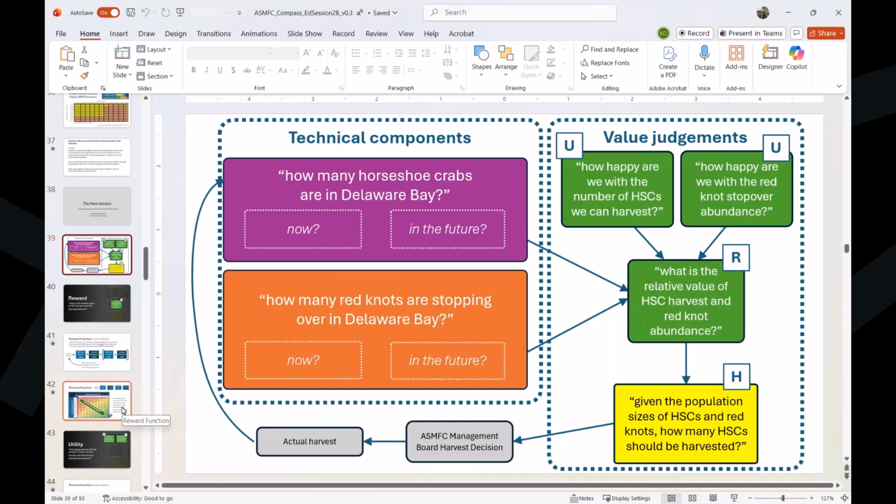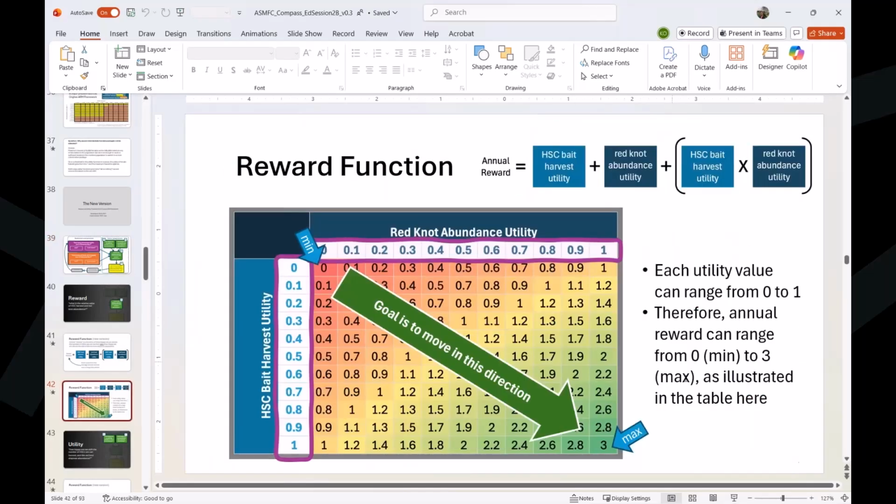Sorry, I said utility, but I meant reward. The bottom right-hand corner of Brian's table, you know, the importance of female abundance, and therefore the crabs on the beach, so the eggs on the beach, is all linked through the population dynamics models embedded behind all of these utility and reward functions.